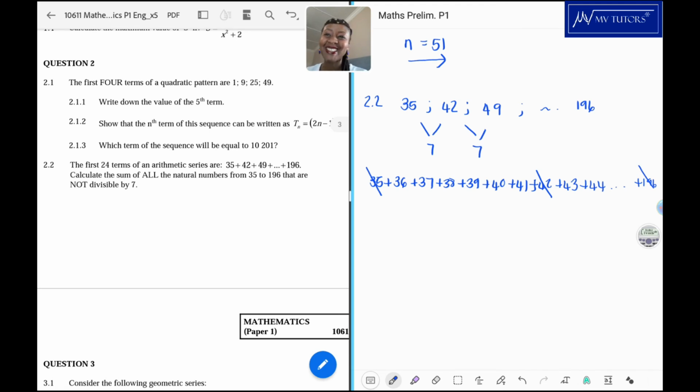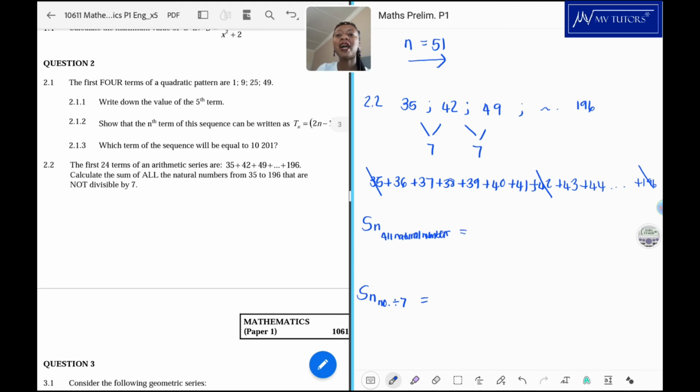So what are we going to do? Okay, guys, there's a strategy. I suggest we calculate the sum of all natural numbers, that is including the ones that are divisible by 7. Okay, then let's calculate the sum of the numbers divisible by 7.